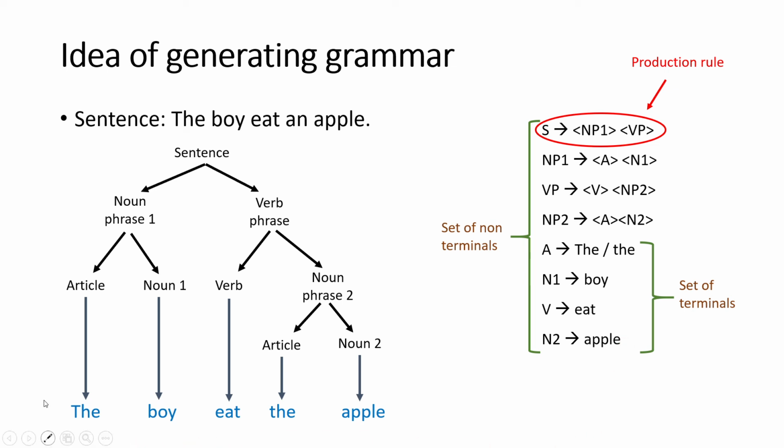So here this S is what we call the start symbol. Why start symbol? Because I have started deriving this particular sentence from this S. And always remember, the start symbol is always the same for deriving any string of the language.